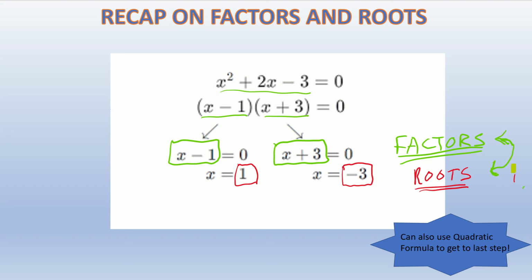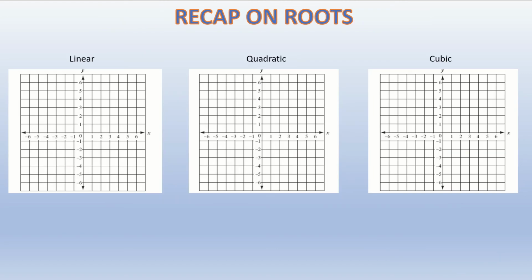So you need to be able to interchange between my second last line here and my last line here, and you need to be really comfortable with which one are your roots and which one are your factors. In our next sort of jump on recapping, we're going to look at what the roots look like in graphs.